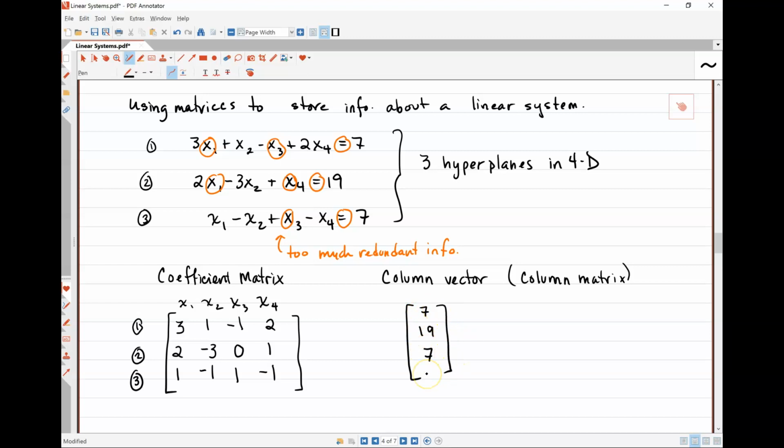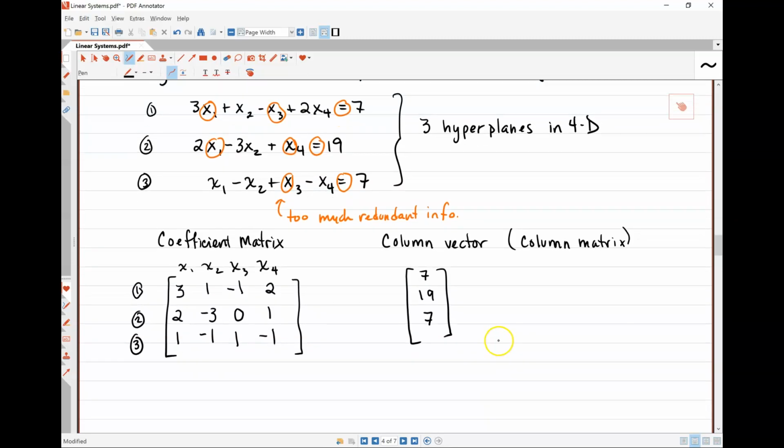These are the right-hand sides of these equations. Together with the coefficient matrix, provided that we're keeping the equation 1 stuff in the top rows, equation 2 stuff in the middle rows, and equation 3 stuff in the bottom rows, we've got all the information we need to, for example, feed into a computer about this linear system.